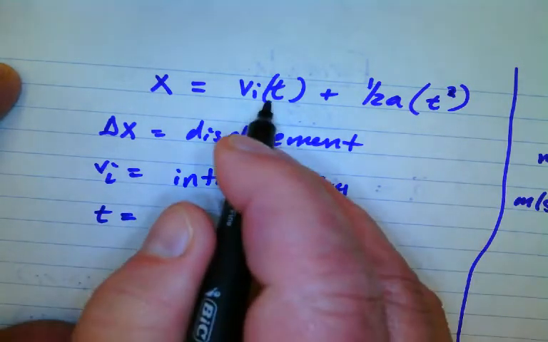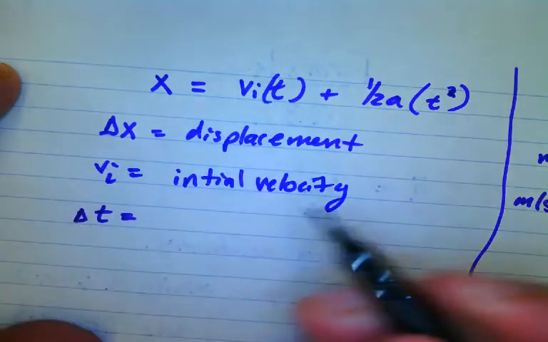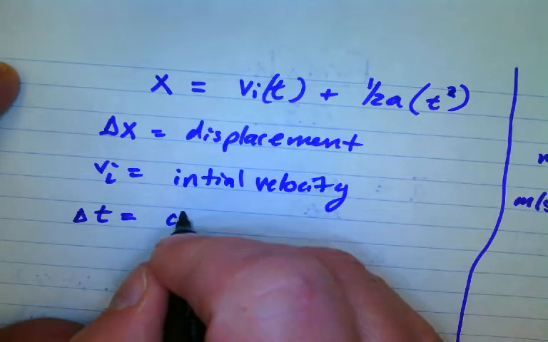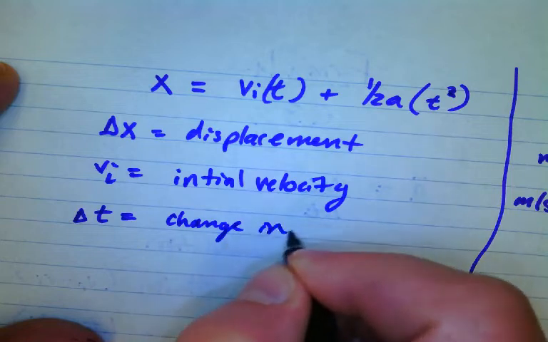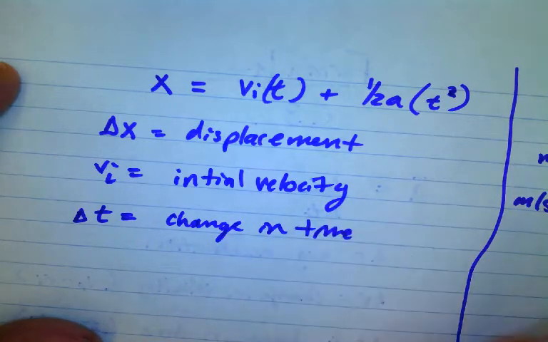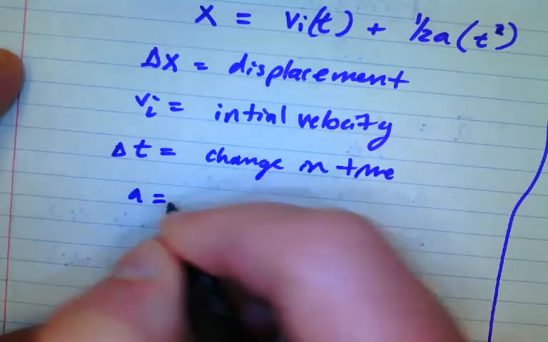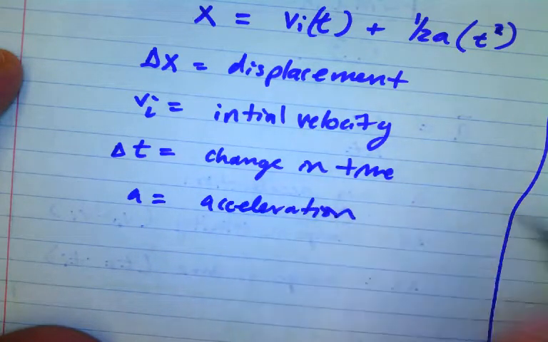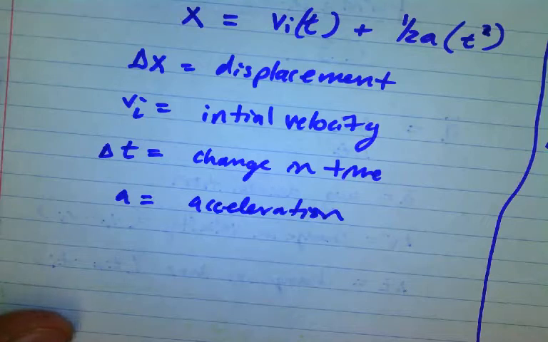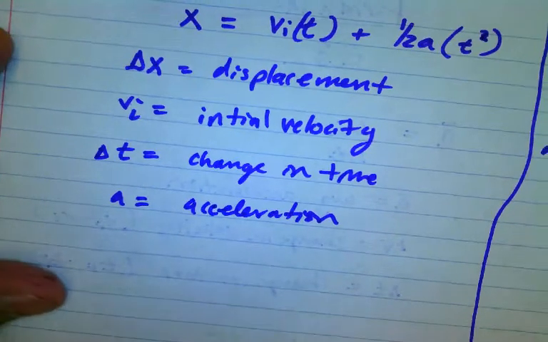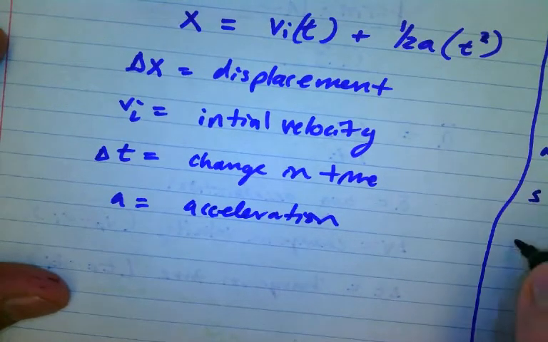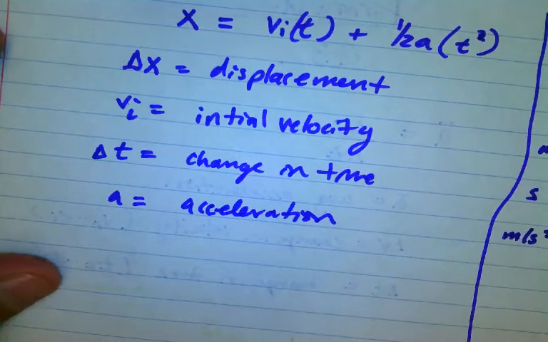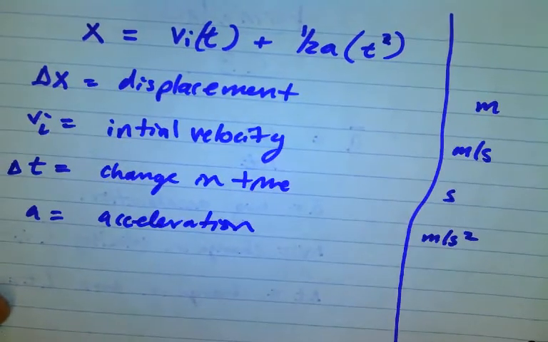T, sometimes you're going to have a triangle in front of it, sometimes you're not, is your change in time. A is your acceleration. That's not going to change. So these are your tools to solve problems.